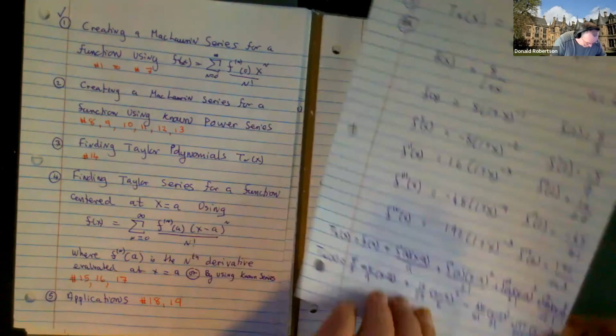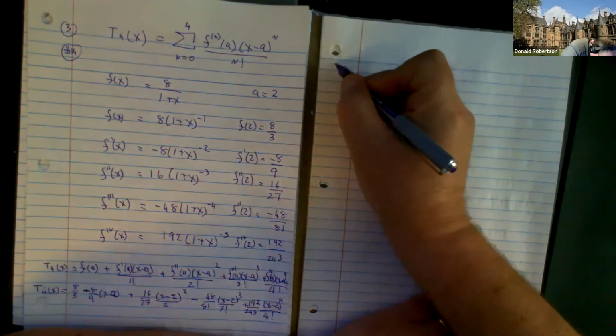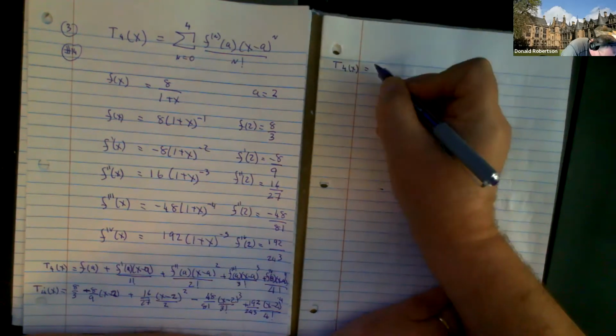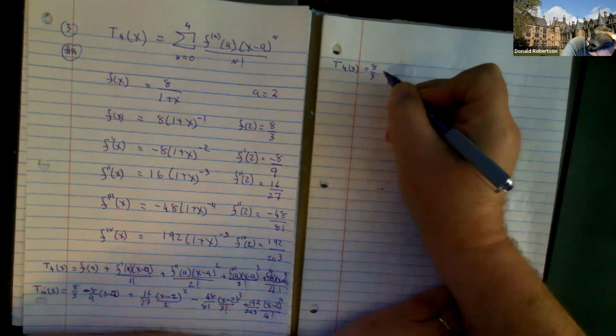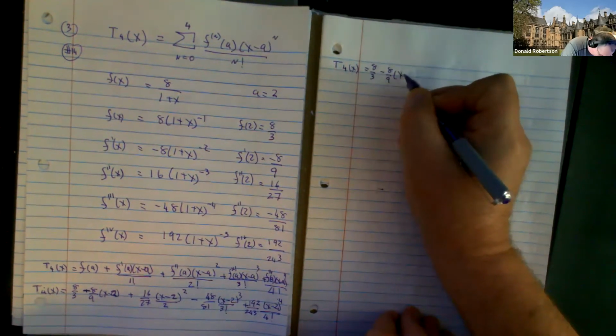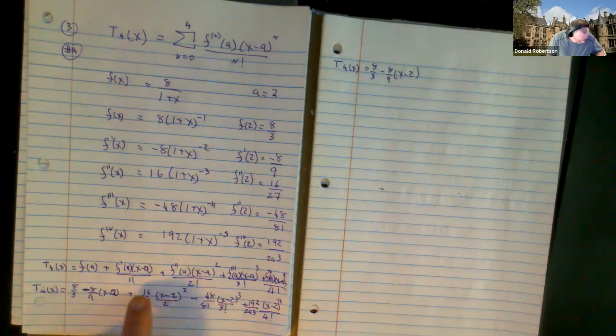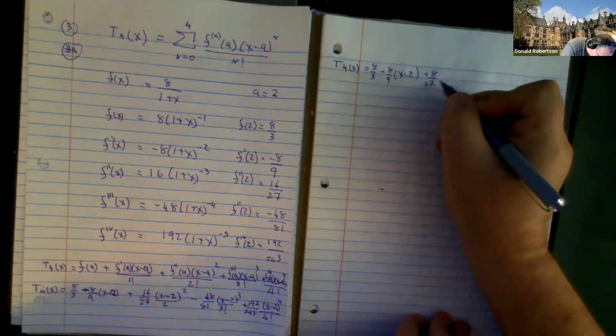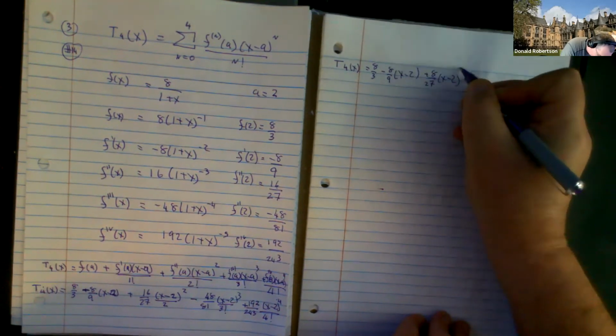So over here, because I want more room, T4 of x is 8/3. Take away 8/9 times x minus 2. The 2 cancels, so I now have 8/27 times x minus 2 squared.